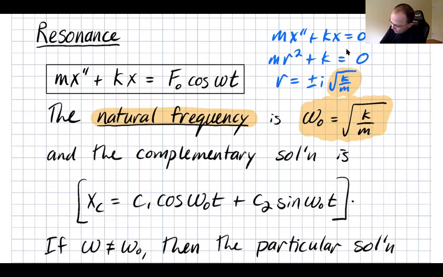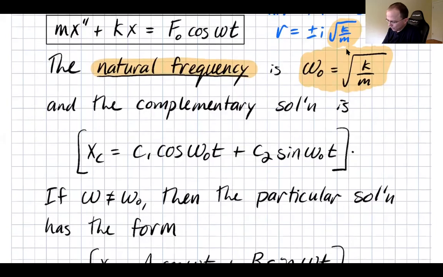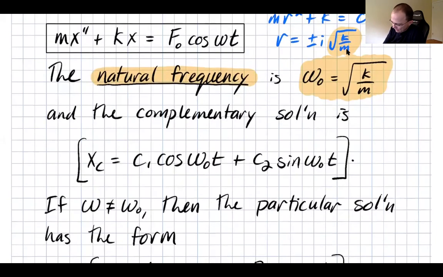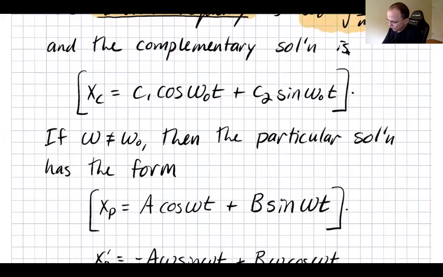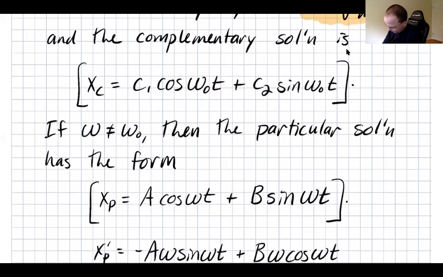Now what is the effect of this external force that has a circular frequency of omega? We'll start with two different cases. The first case is if omega is not equal to omega naught. If the frequency of the external force is different from the natural frequency, then what is the form of the particular solution?